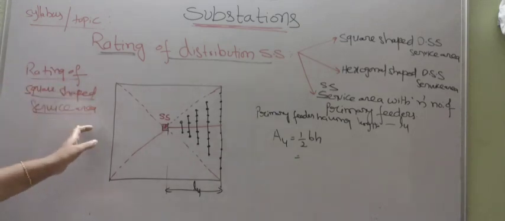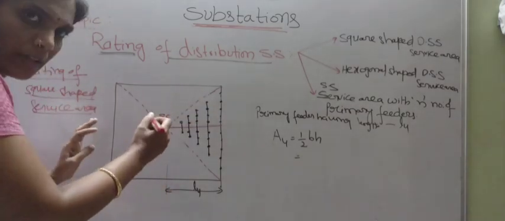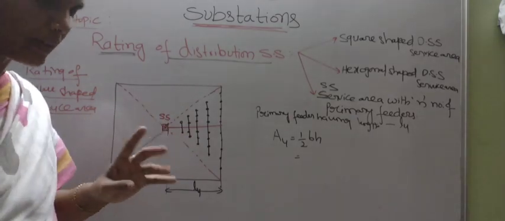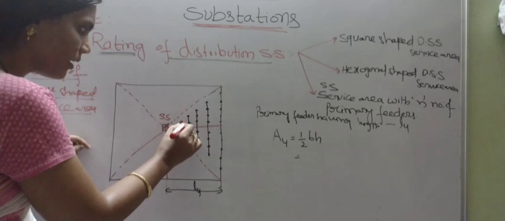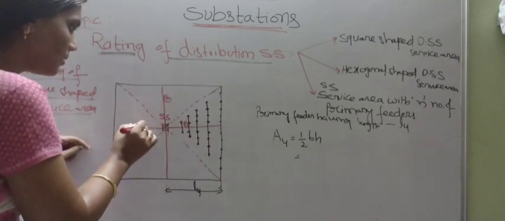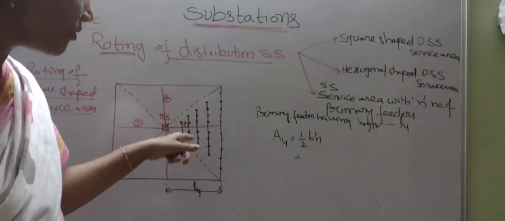This is the substation. We can run 4 radial feeders from the substation: this is 1, this is 2, this is 3, and this is 4. Now I am considering one feeder at first.